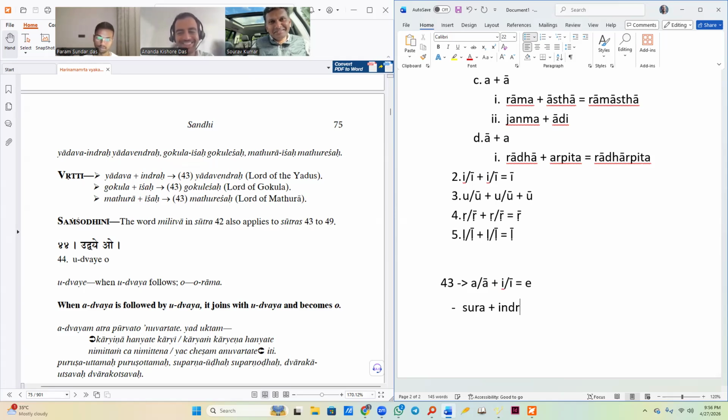Sura and Indra becomes Surendra. Surendra, Narendra, Vrajendra Nandan. So many such examples.